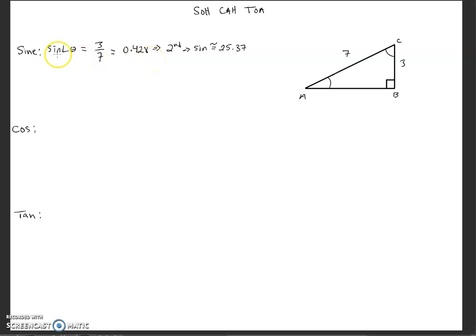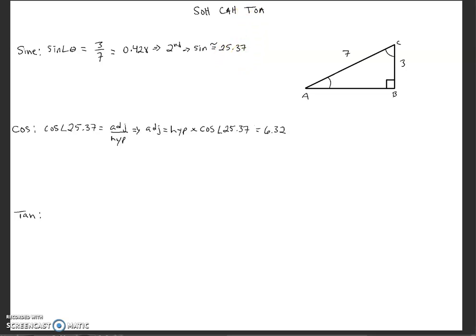So sine of angle theta is equal to the ratio of 3 to 7, which equals 0.428. So we want to convert the ratio, because this is a ratio, right? Meaning this segment right here is 42.8% of the hypotenuse. Second function, sine, our ratio is going to give us roughly 25.37 degrees.